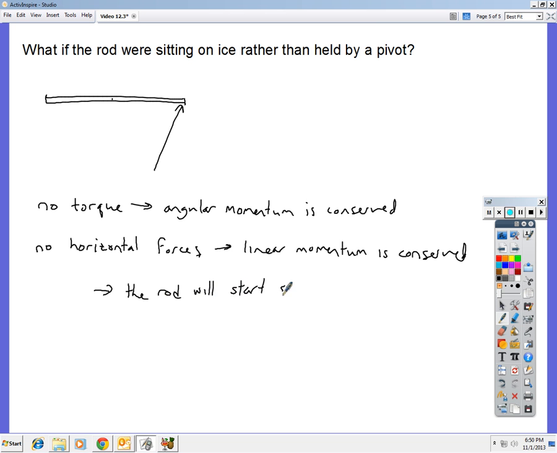So it'll start spinning and moving. And to calculate the angular speed, you'd use conservation of angular momentum. So how fast it ends up spinning.